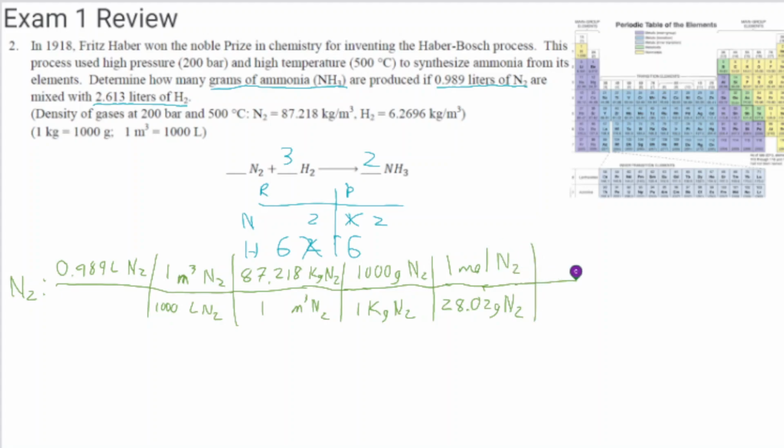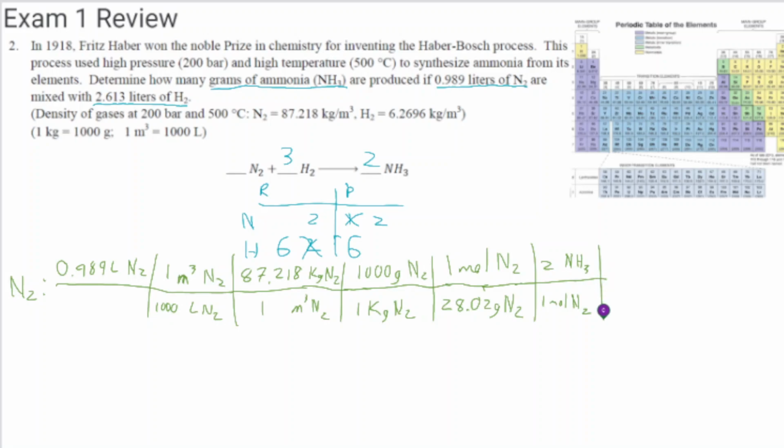All right. Now that we have moles, we can use our chemical reaction. So we can see that for every 1 mole of N2, we make 2 moles of NH3, or ammonia. So now we're going to say for every 1 mole of N2, we make 2 moles of ammonia, NH3.